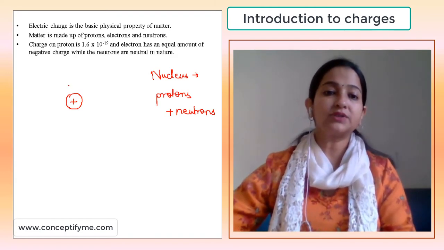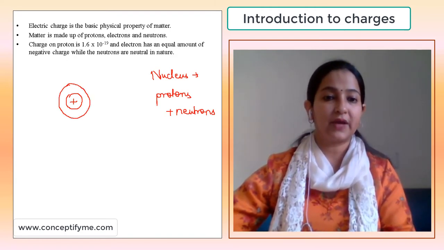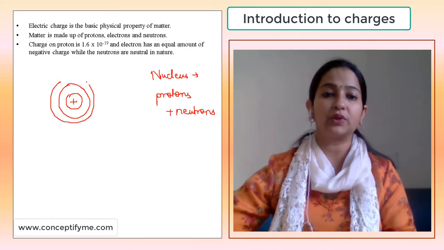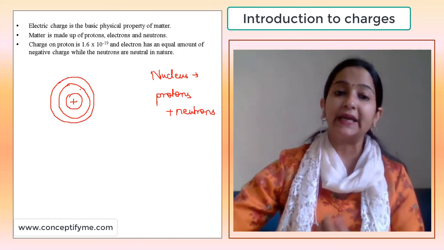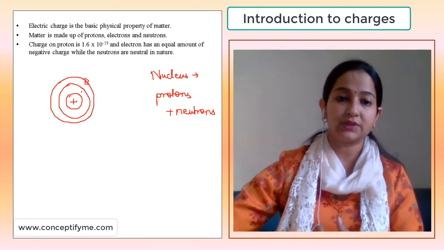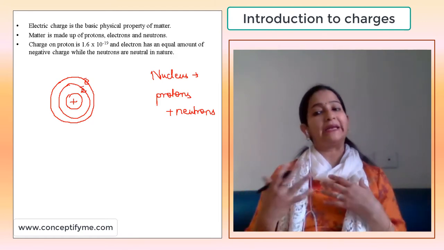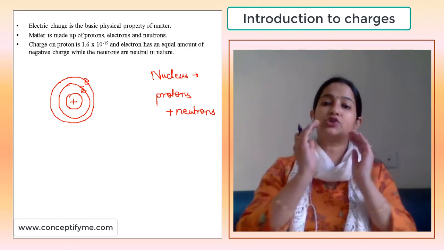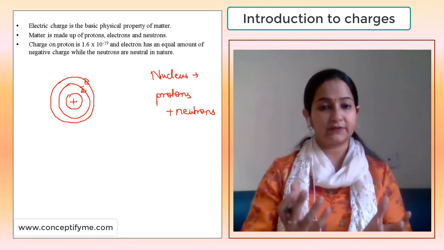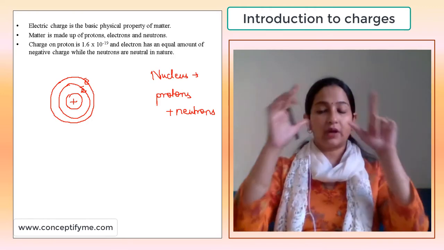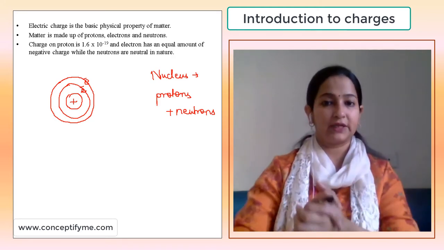Around this nucleus, you have orbits. We have a certain number of orbits depending upon the element which we are considering. In these orbits revolve the electrons. Now these electrons are negative in nature.